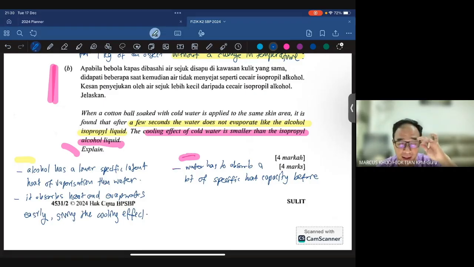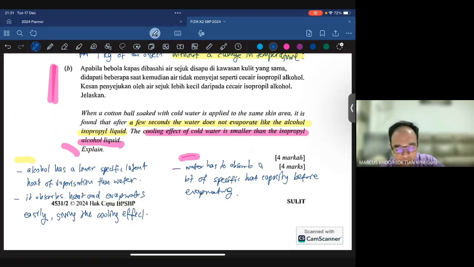I know the answer sounds a little bit weird. So it absorbs a lot of the heat from the skin, and that heat goes into the water and is used to raise the temperature of the water. And because it's not evaporating, yeah, I know.